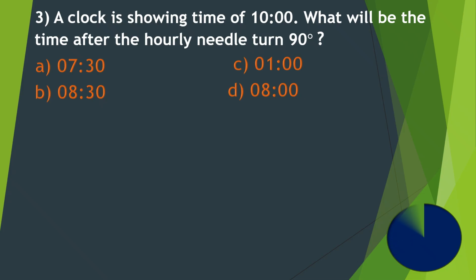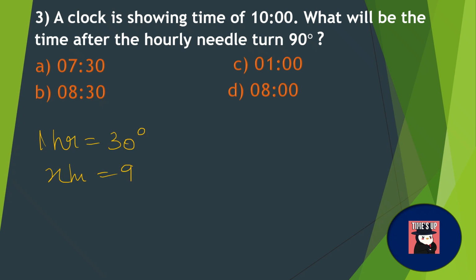The value of x. 1 hour is equal to 30 degree, correct? So x hour will be equal to 90 degree. So x will be equal to what? 90 divided by 30. So it will be 3 hour.